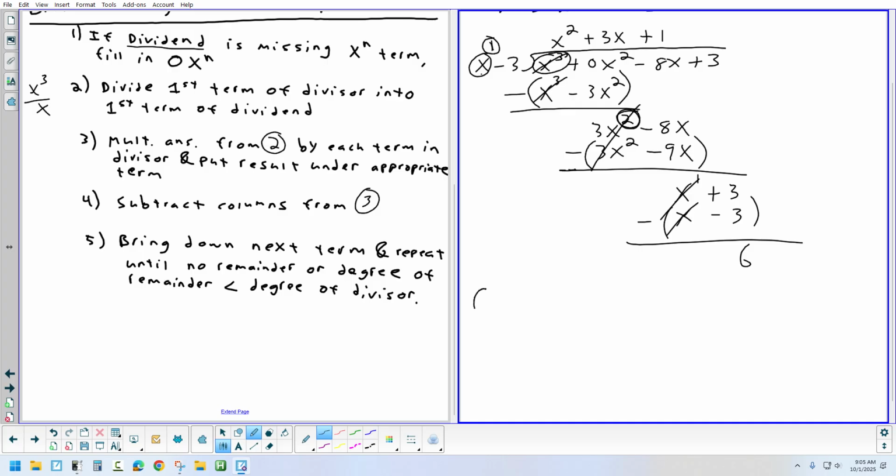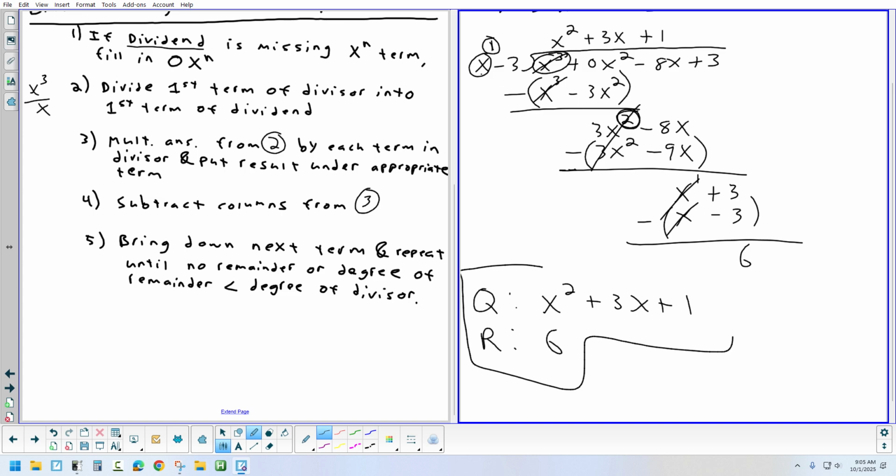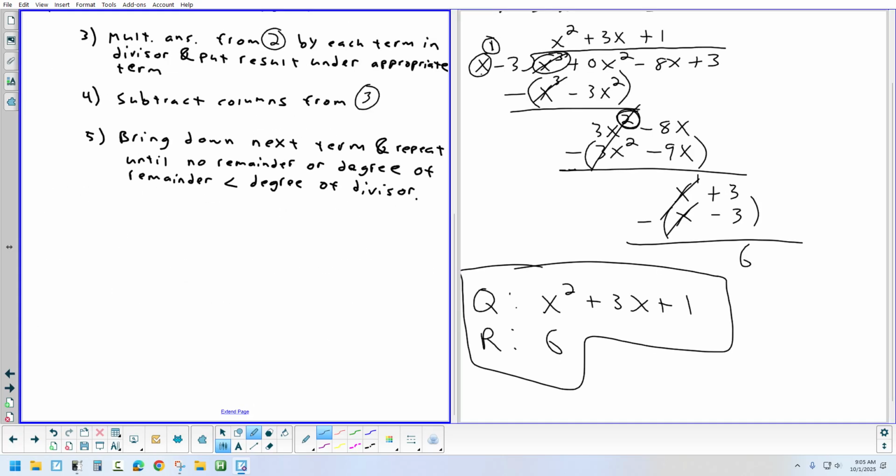The quotient to this division problem is x squared plus 3x plus 1. The remainder to the problem is 6. Okay, so that's one way you can write your answer. Now, you can also write it the way you would do it with long division with numbers. Okay, so let's say we had 13 divided by 5.